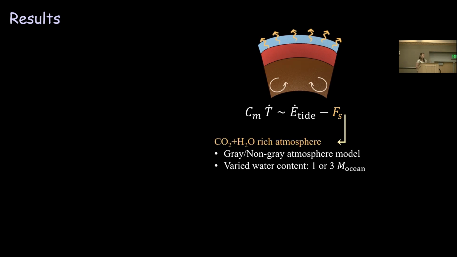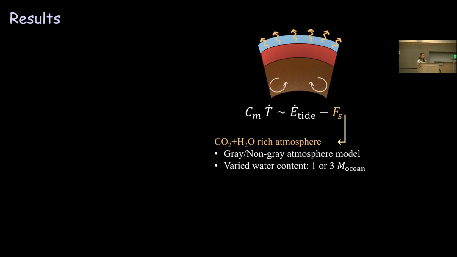And these two processes are going to have to occur concurrently because they rely on each other. So that is exactly what we did in this study. And in this model, the Earth's cooling rate is a function of how much heating is introduced by the tides and how fast the Earth is able to radiate its heat through its atmosphere. And we assume a CO and H2O rich atmosphere.